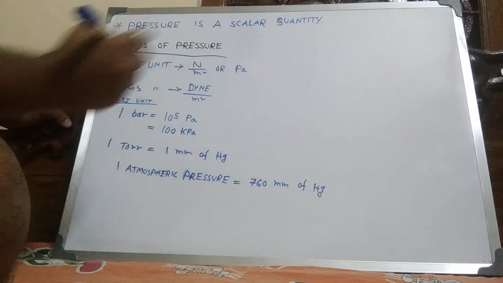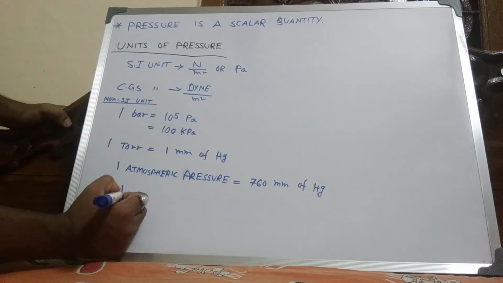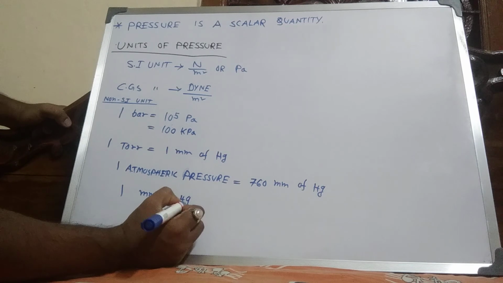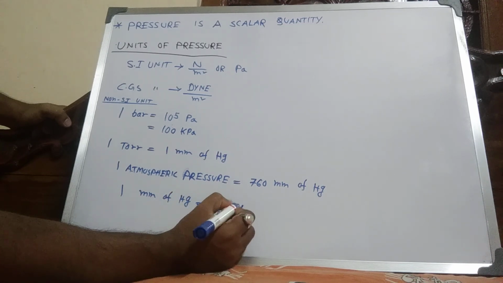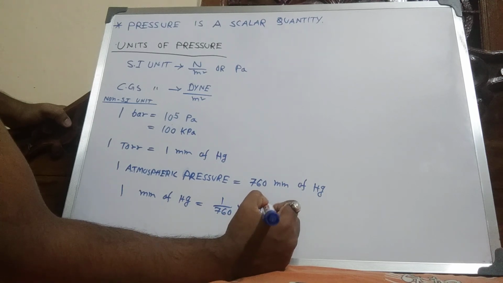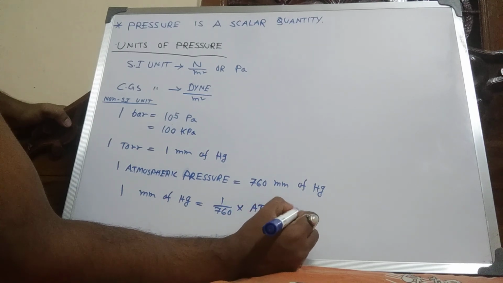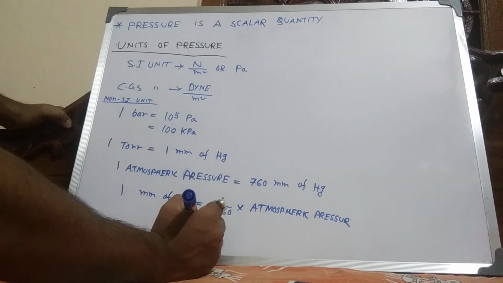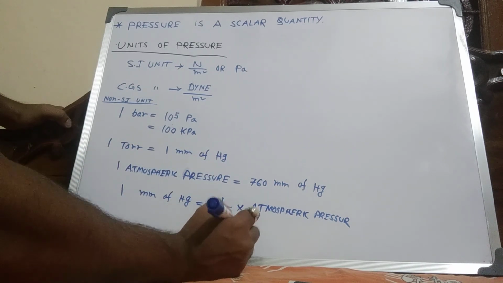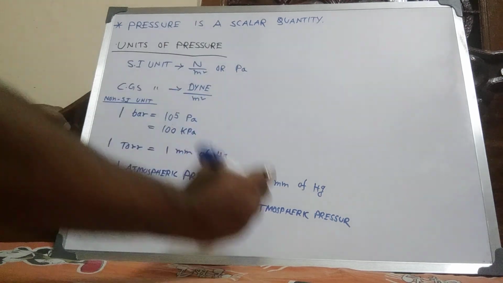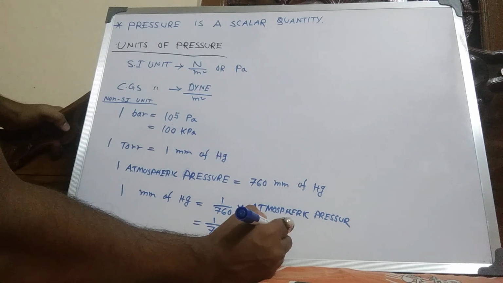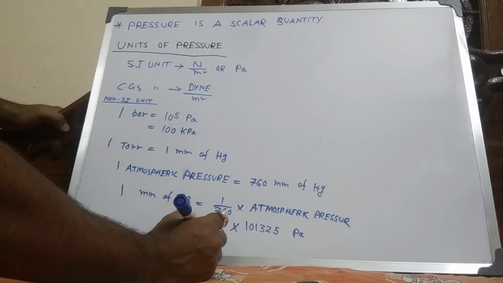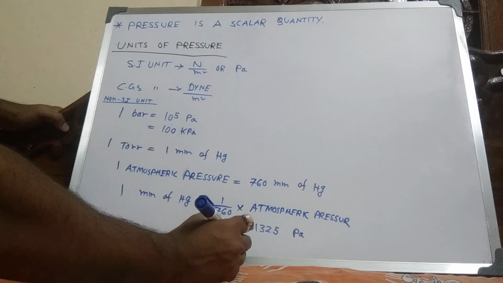So 1 millimeter of Hg equals 1/760 into atmospheric pressure. 1 atmospheric pressure equals 101325 Pascal.